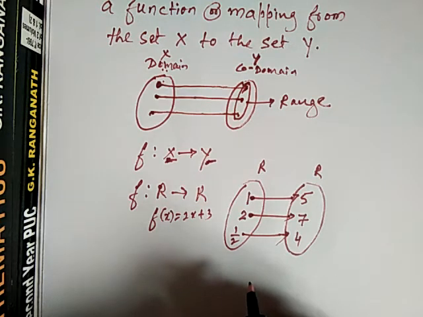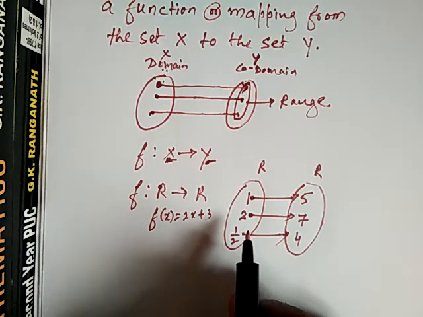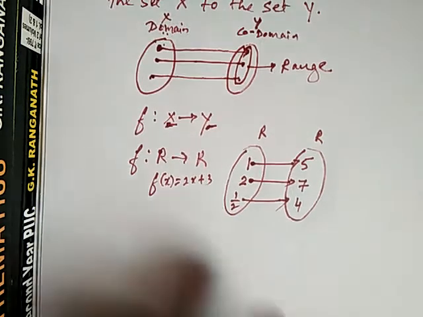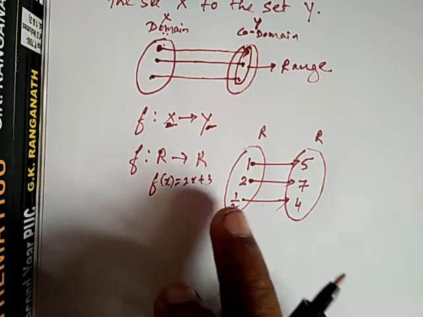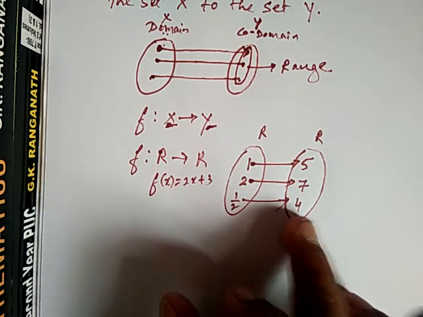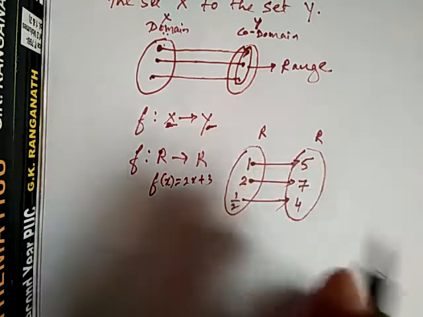Now we will have the types of functions. Before learning the types of functions, you can see that for a function, no element should be left empty. Each and every element present in the domain should have at least one image in the codomain. Like this, if you put in one, you have one image, 5.